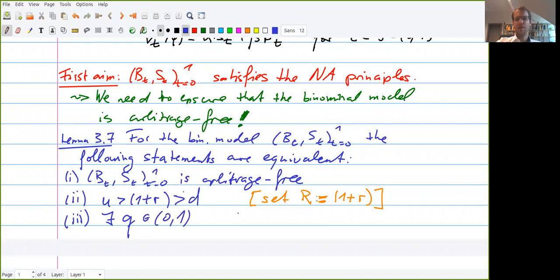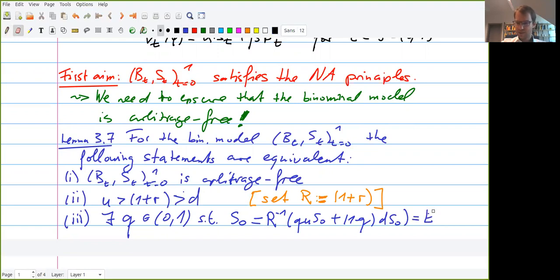So it's a number between 0 and 1, such that S0, so the price of the risky asset at time 0, is equal to 1 over R times Q U plus 1 minus Q times D. Right. And this can be written, I think, more nicely as a conditional expectation of the price process divided by R.